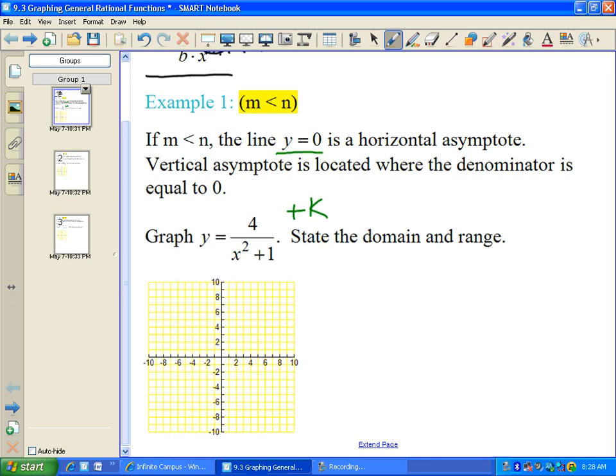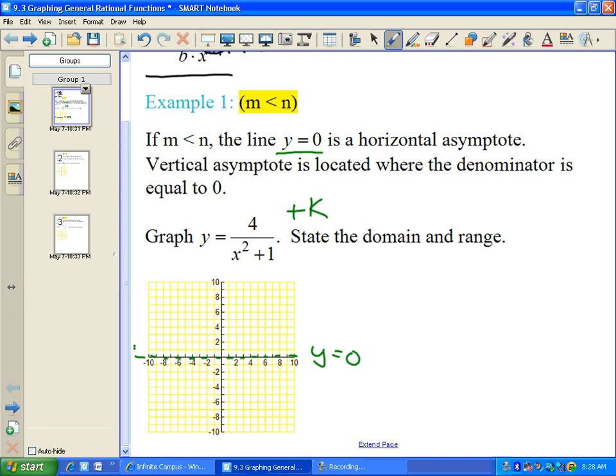If I have a plus k, that's also going to just shift from y equals 0. But since here I don't have a plus k, I know that I have a horizontal asymptote at y equals 0.